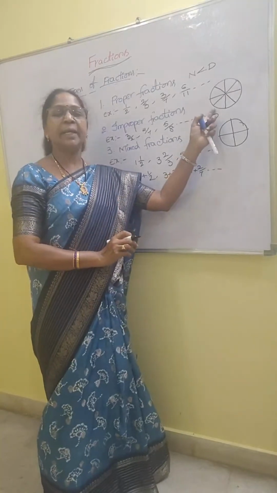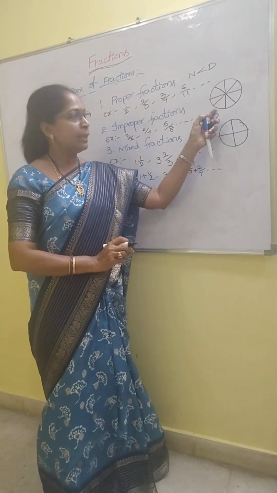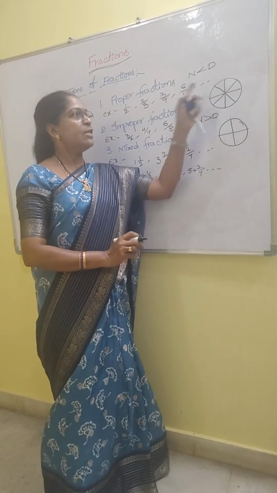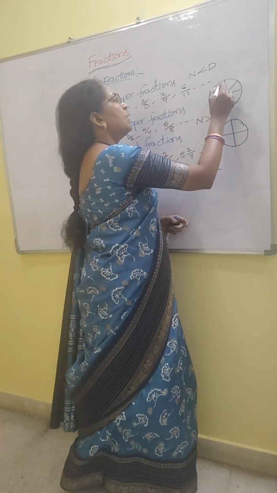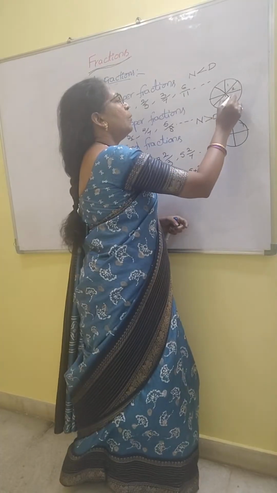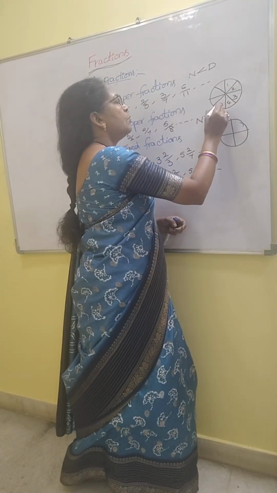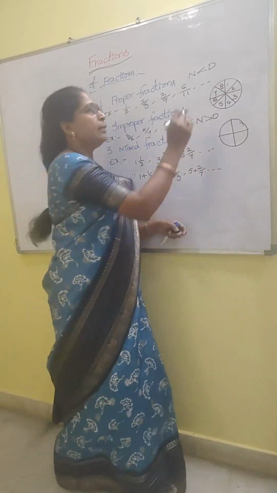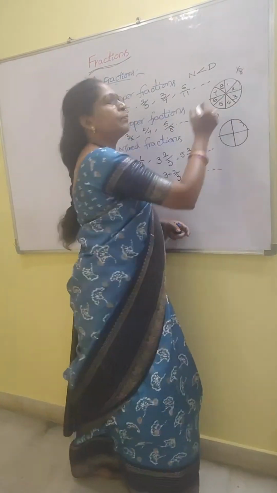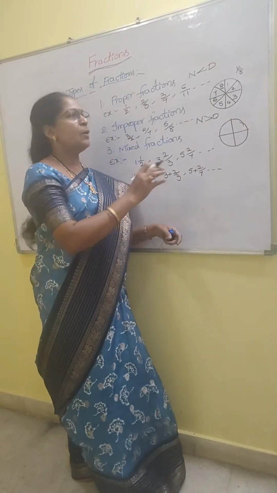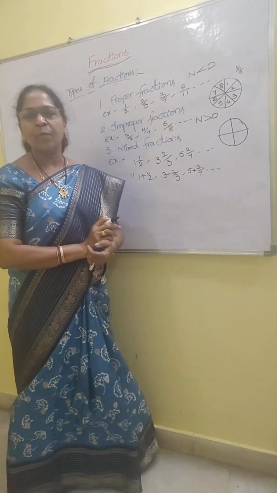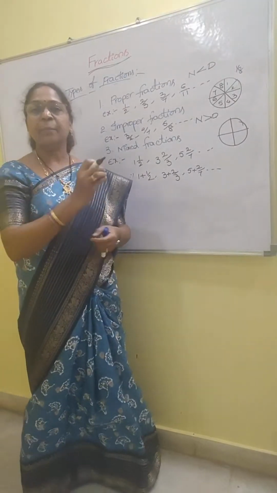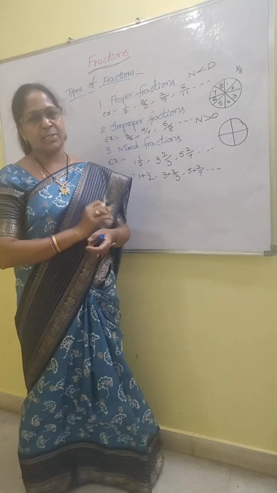If you want to share among 8 members, then you cut this into 8 equal parts, and each part value you can represent: 1, 2, 3, 4, 5, 6, 7, 8. Then 1 by 8, 2 by 8, like this. If you want to give 1 part to 1 person, then 1 by 8. If you want to give 3 pieces, then 3 by 8.